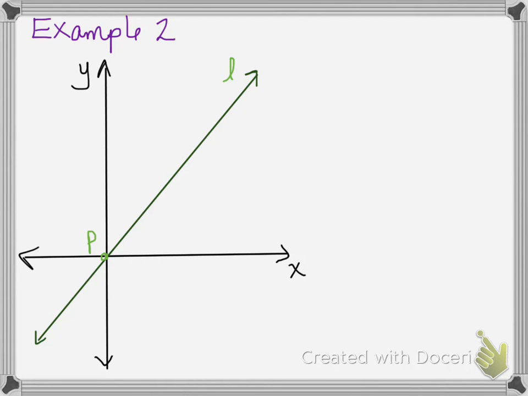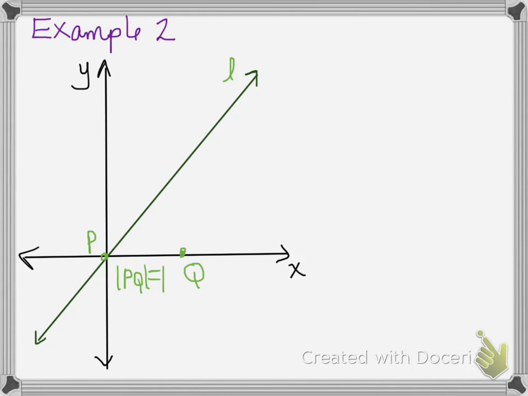And then we are going to come over 1 unit on the x-axis, and we're going to label that point Q. So we're going to have point P and Q, and the length of PQ is equal to 1.